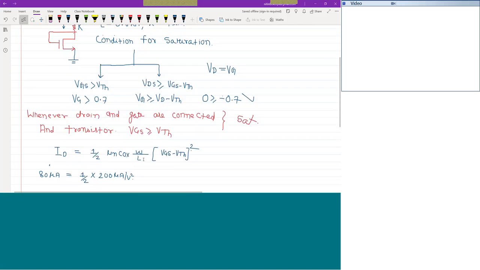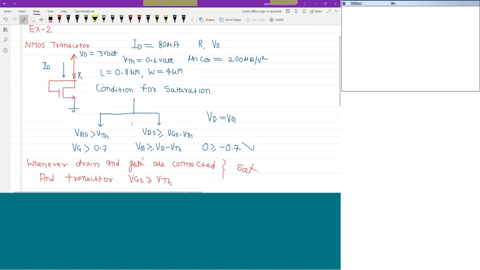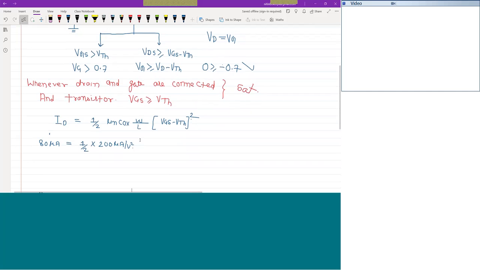So the W/L ratio is 4 divided by 0.8. This is the aspect ratio of this circuit.